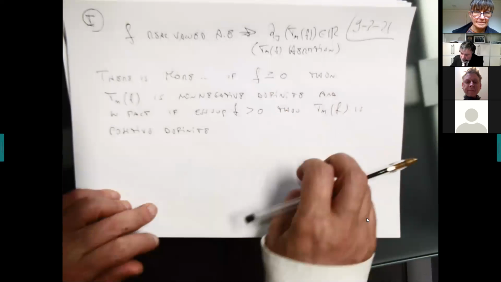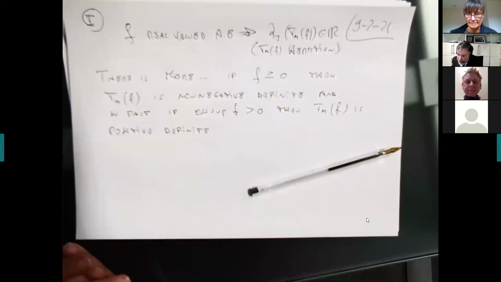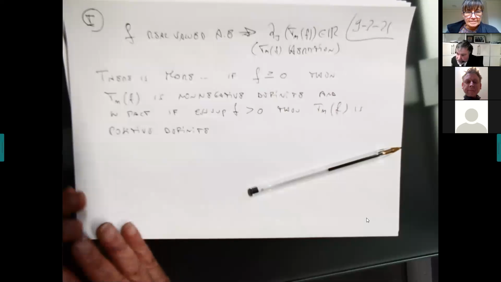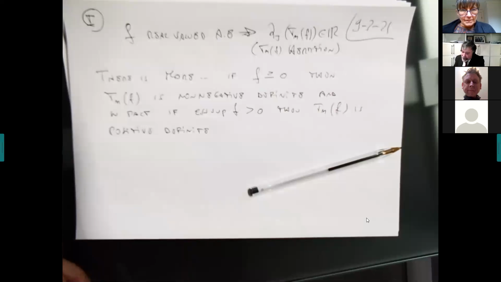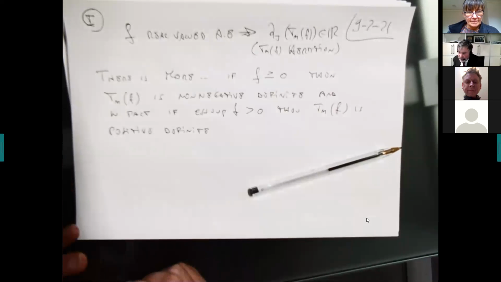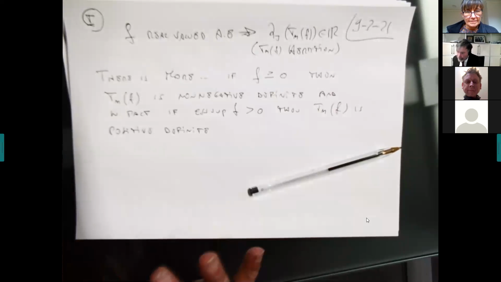So if f is identically 0, of course, all the Fourier coefficients are 0 and the matrix is 0. But if the function f is non-negative, but the essential supremum, in the continuous case the maximum, is positive, that is, the function is not flat equal to 0, then the matrix is positive definite. There are only two alternatives, identically 0 or positive definite.